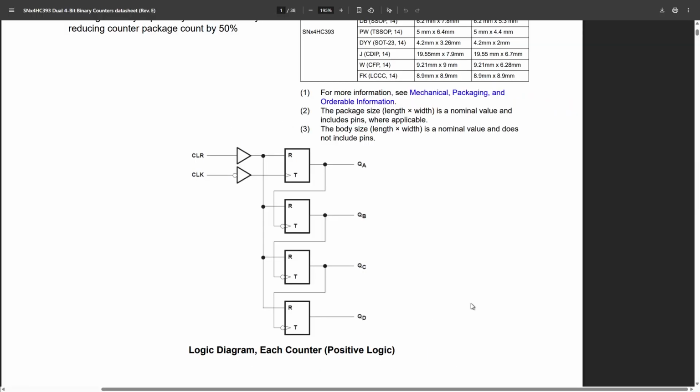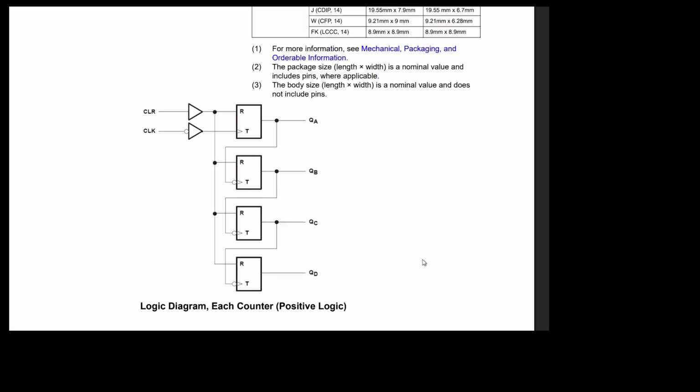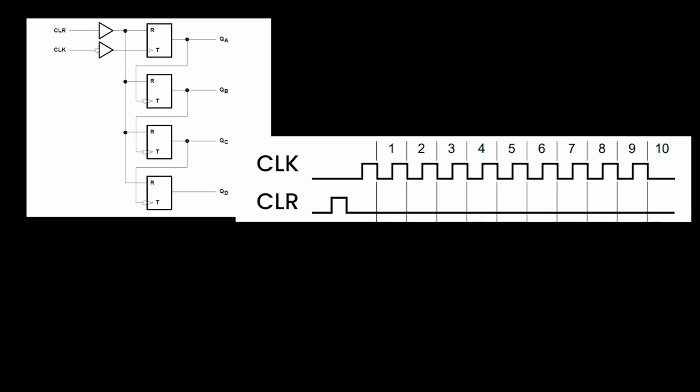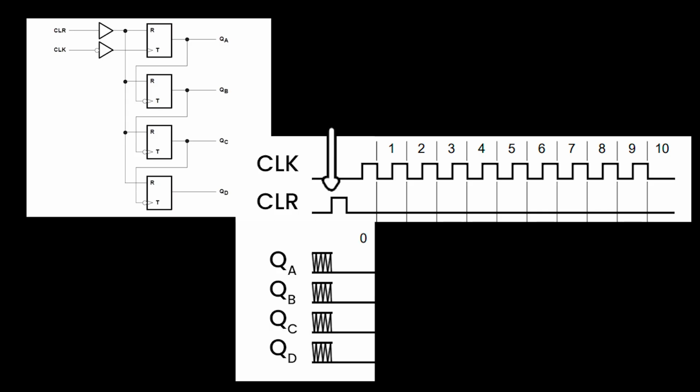We have already discussed the T flip-flop, so let's try to think about the behavior of the 4 flip-flops working in tandem. Let's start by drawing a possible input for the chip. Let's say we first clear the counter so that it starts with QA, QB, QC, and QD at 0. After that, let's just input a clock signal and see what happens.